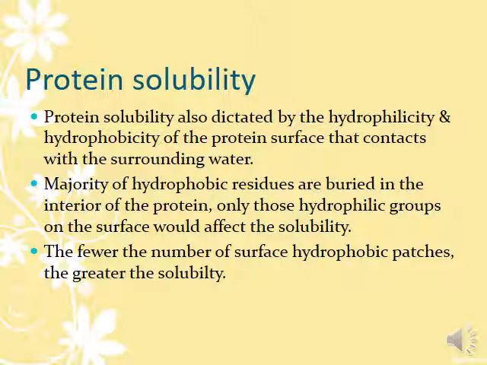So if mostly hydrophilic groups are on the surface, it is soluble. If most of the side chains of the amino acids are nonpolar or hydrophobic, it is lower in terms of solubility. So a few surface hydrophobic groups means better solubility.